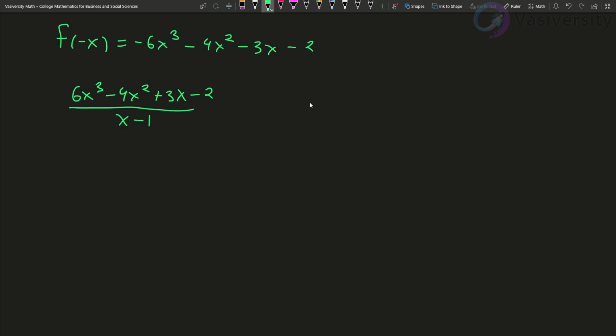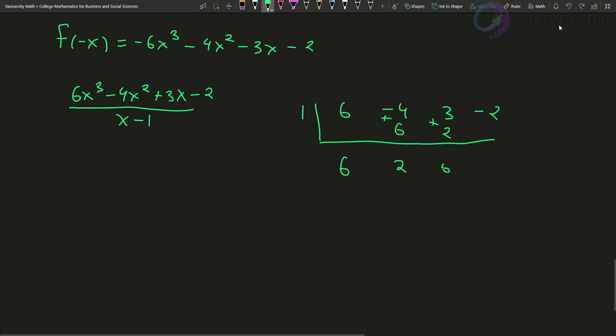So by coefficients we have 1, and here 6, minus 4, 3, -2. We're going to have 6 times 1, that's 6. We add it, that becomes 2. 2 times 1 is 2. We add it, that becomes 5. Then 5 times 1 is 5. 5 minus 2 is 3. So x equal to 1 is not a 0.